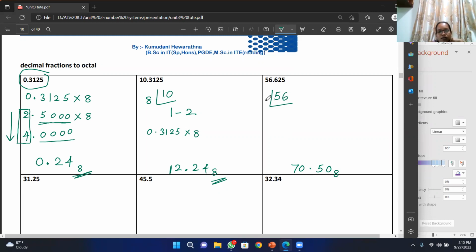You have to divide by 8 in order to convert into octal. The whole number part you have to do separately. That is 7 and 0. Yes, correct. And then 0.625, that fraction part you have to take separately and multiply by 8. Then make it multiply by 2. They are going to multiply this by 2, right? Don't do that one.